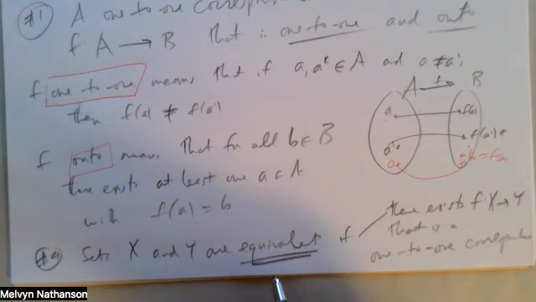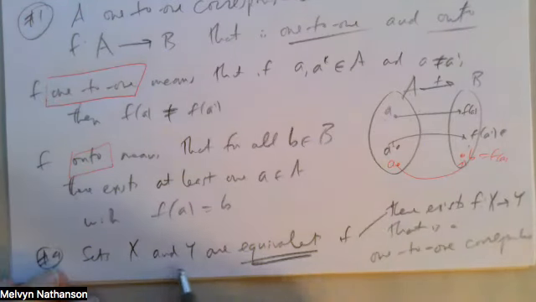Well, that's the definition of equivalent. It can be read as X and Y have the same number of elements, or X and Y have the same cardinality. But this is the meaning of the statement that the sets X and Y are equivalent. Okay.